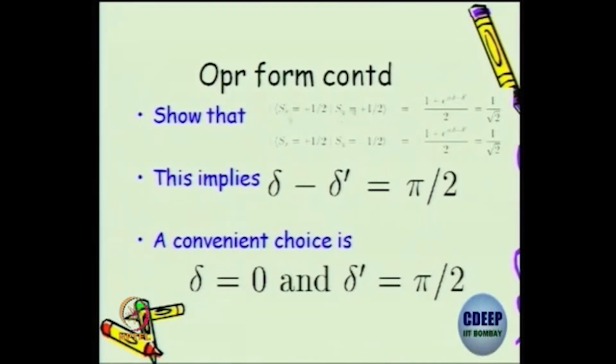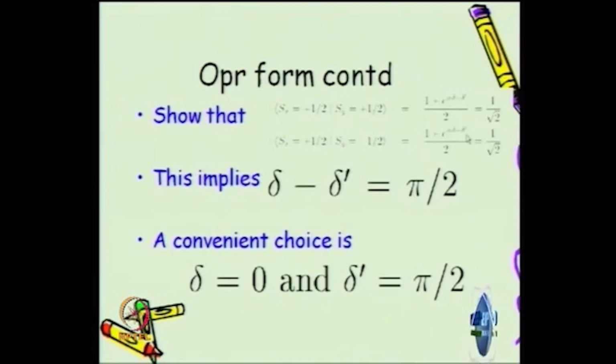Show that the norm, or it's not the norm, the inner product of two states will be this, and the mod of that should be 1 over root 2. And similarly, the inner product with Sy equal to minus half and Sx equal to plus half is this. And now you fix your choice.